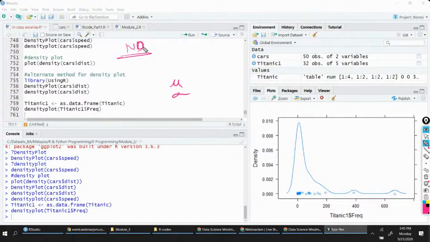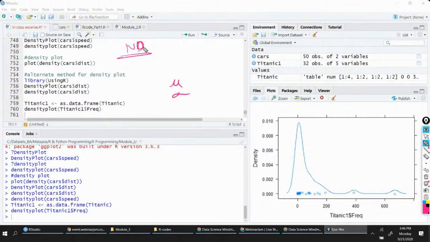That means the value should have minus infinity to plus infinity range. At least theoretically, they should satisfy that condition, right? Then area of any single value should be equal to 0. Probability of any single value will be equal to 0, and sum of all the probabilities will be equal to 1, that is area under the curve is 1.